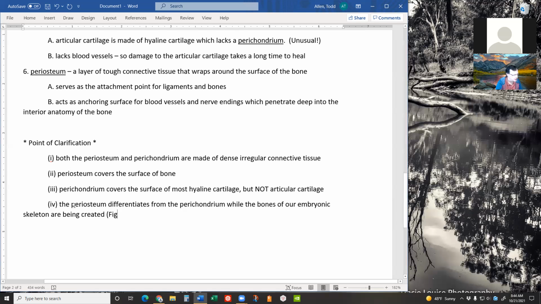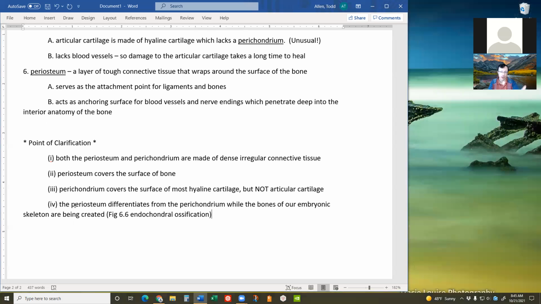And I'll reference figure 6.6 here, endochondral ossification. Okay, so the periosteum is a differentiated version of the perichondrium. It's perichondrium when the bone is actually made of cartilage, but when the bone is true bone, it's now the periosteum. So the perichondrium transforms into the periosteum during development of our bones.